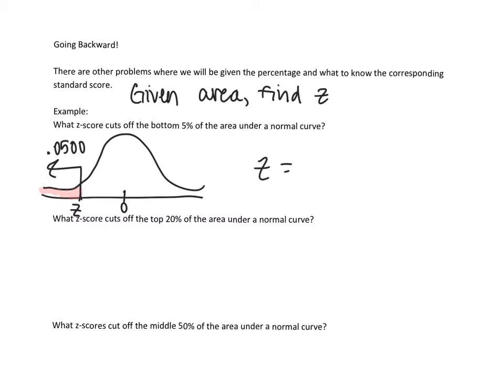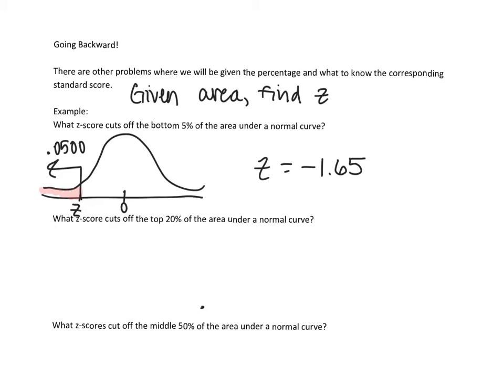So we look for 0.0500, and we want to get as close as possible to that. So negative 1.65, which is not exactly 0.0500, but it is really close. It's 0.0495, which is really, really close to 0.0500.